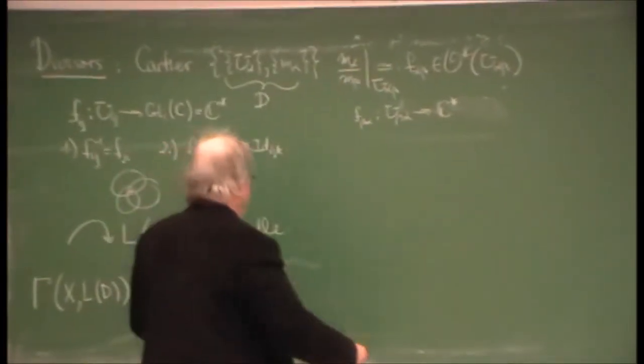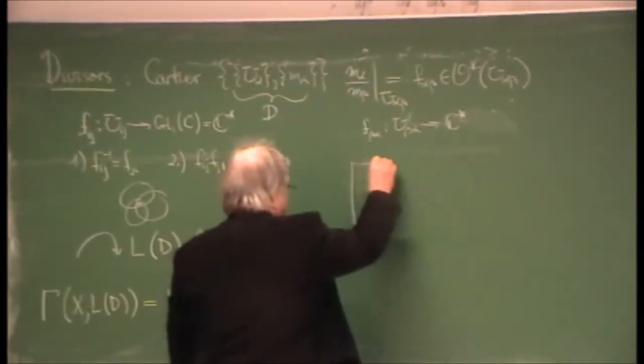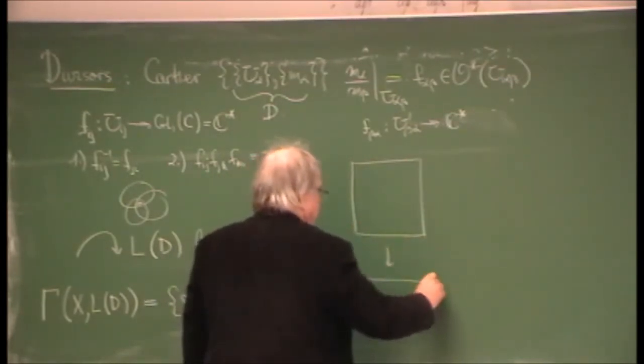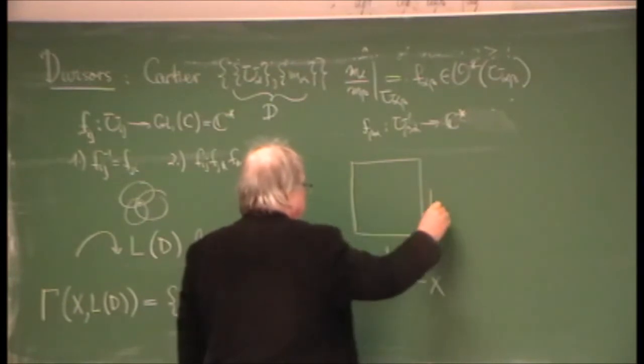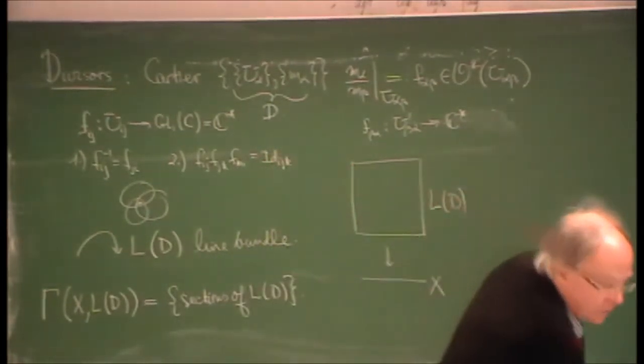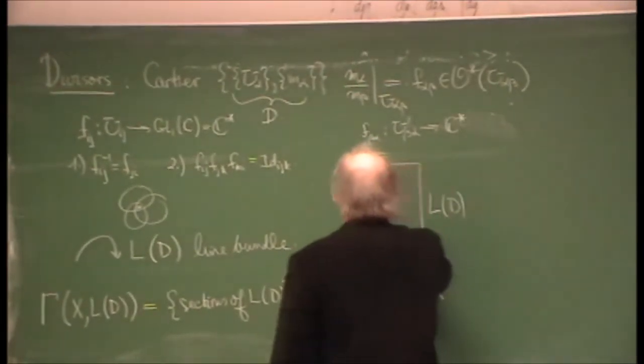So what is a section? So you can say, well, here's a line bundle, and here's the base space, and here's X, and here's L_D. And the section is just a map into the bundle space, which is a section, holomorphic recorded.